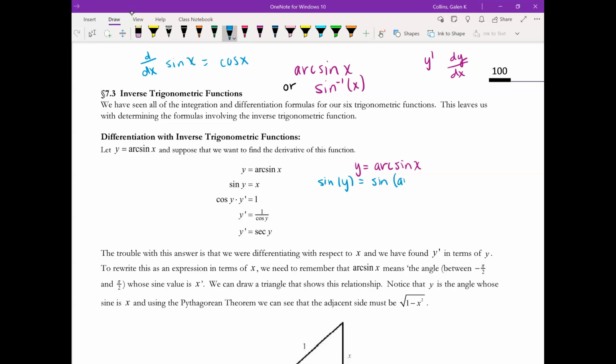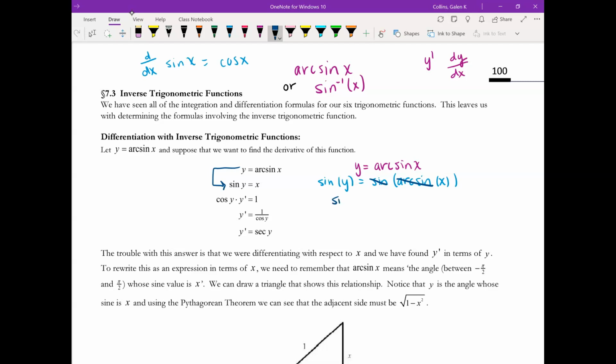Remember that sine and arc sine are inverse functions, and just like every other pair of inverse operations that we learn about, they undo each other. So the way that we get from the first line to the second line in this little proof is that we take the sine of both sides.